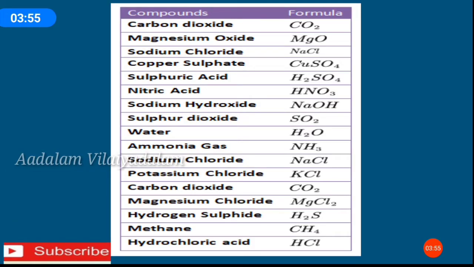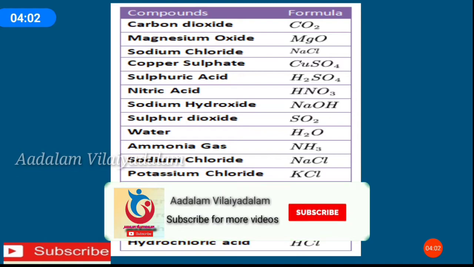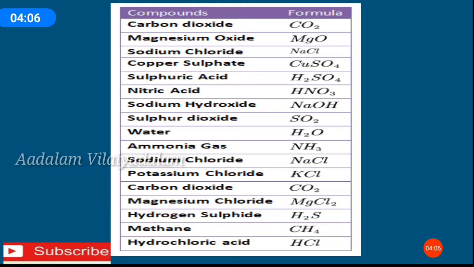Here in this table we can observe some of the compounds' names and their formulae. Carbon dioxide, CO2. Magnesium oxide, MgO. Sodium chloride. What are the elements present in sodium chloride? Sodium and chlorine.